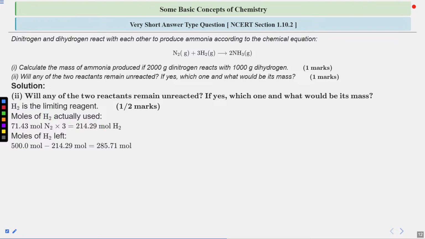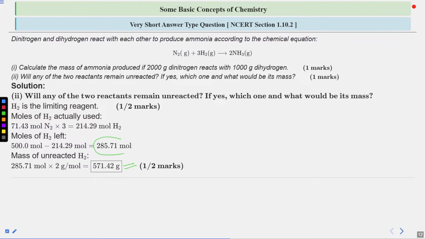Then since we have 500 moles, if we subtract the reacting hydrogen from it, you will get the unreacted hydrogen, which is 285.71 moles. This will be your remaining half marks if you calculate the mass, which is double of this number of moles. Again, this will be nitrogen. Do not get confused from here. So it will be nitrogen.